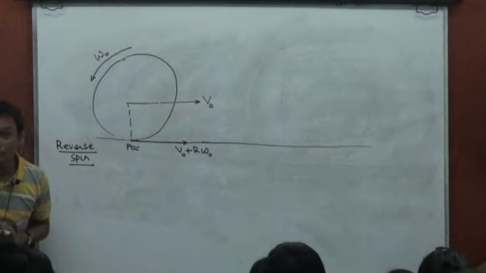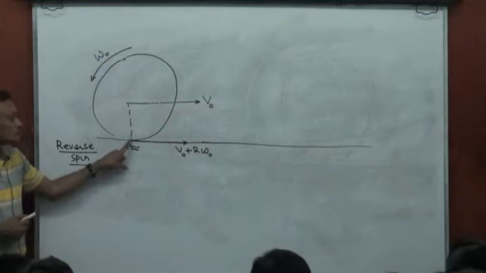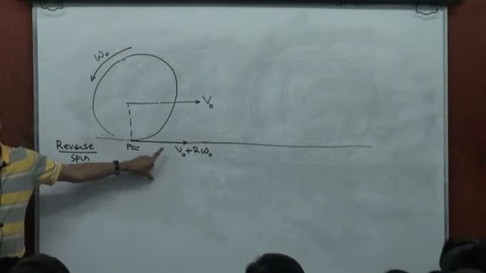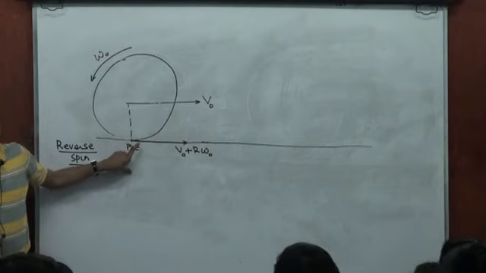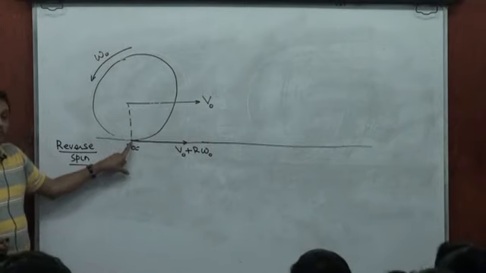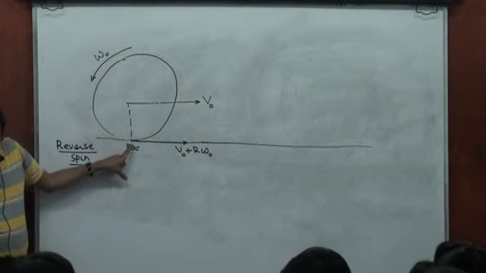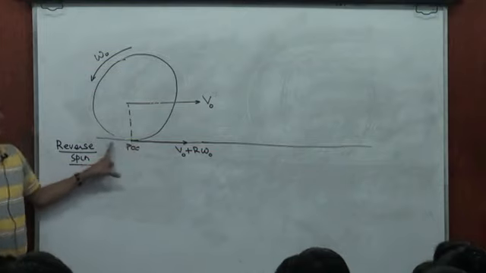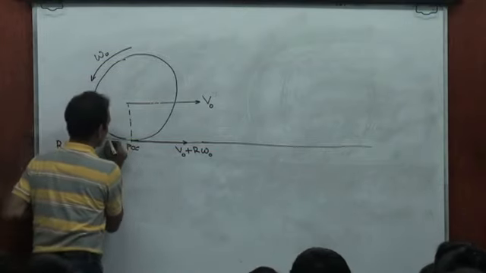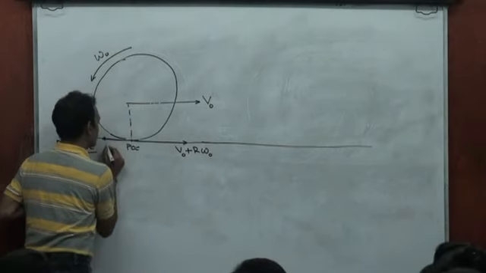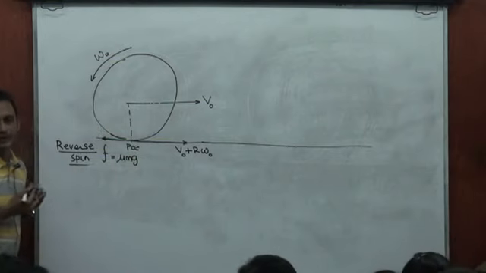That's the velocity of the point of contact. Clear? Which means this point has a rightward velocity at time t equal to 0. The surface is at rest, and therefore frictional force would be kinetic in nature, approximately equal to maximum static, and would act leftward, and would be of value mu mg.